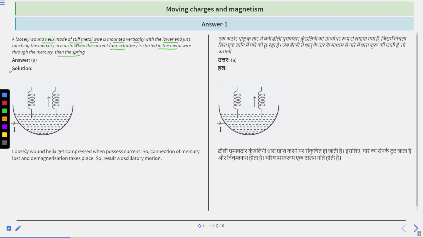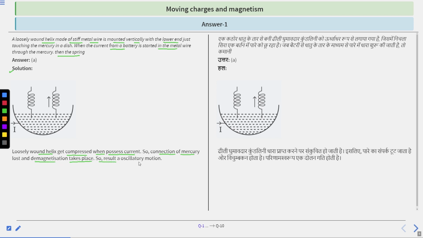The solution is that the loosely bound helix gets compressed when current passes. So the connection with the mercury is lost and demagnetization takes place. Clear? It means when current is passed through this helix, the connection with the mercury gets lost and demagnetization takes place.